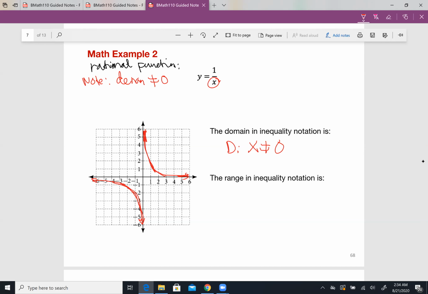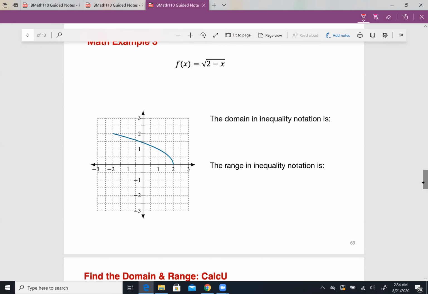But that's only undefined. So we will say the range is y not equal to 0, and y can be everything else. So let's move down.